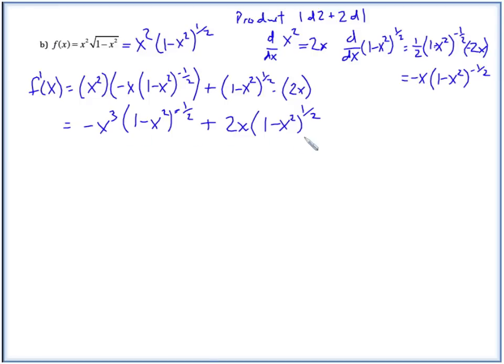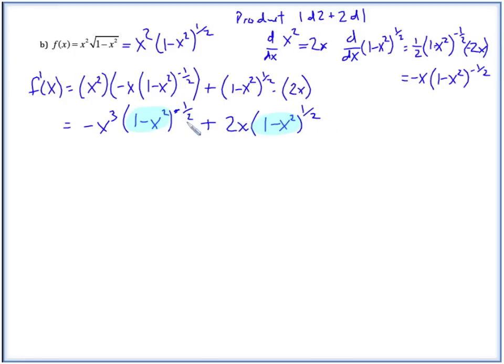Now at this point, I'm going to show you a technique that we use to factor out when we have similar factors down here, right? You see the 1 minus x squared right here, and you see the 1 minus x squared here. So whenever we have that, we like to factor this out. And the way we do it, since this is to the negative 1/2 and this is to the 1/2, we go ahead and take out the more difficult one.